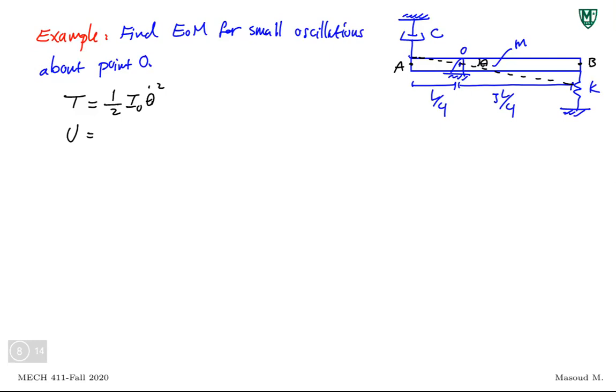Just keep in mind this motion starts from equilibrium. So the potential energy would be 1/2 K, and if the motion is clockwise, how much is that spring compressed? Well, we put it as XB squared.